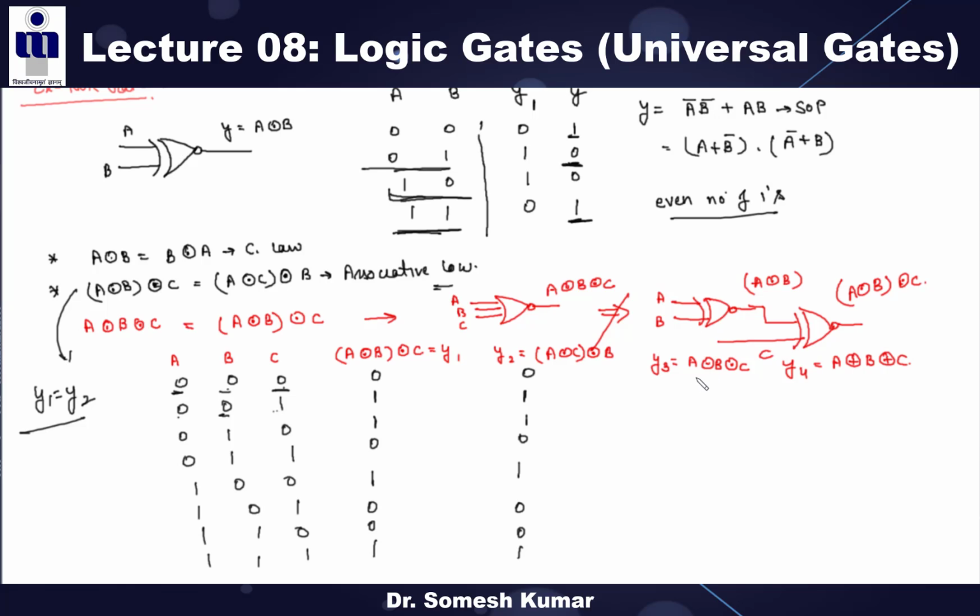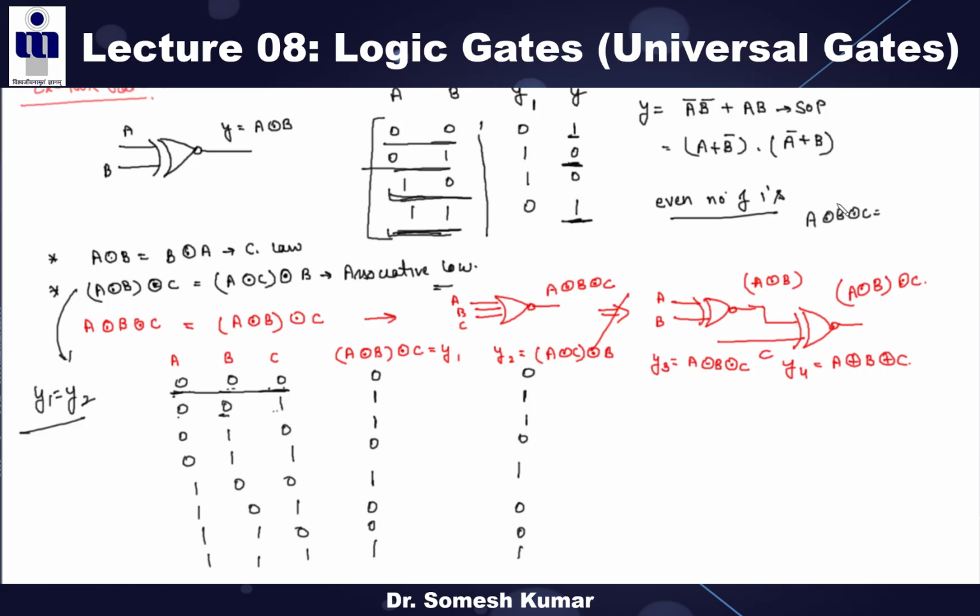Now we will go to this point. A XNOR B XNOR C, the XNOR of 3 inputs, which is practically not possible, right? Theoretically it is possible, but practically it is not possible.